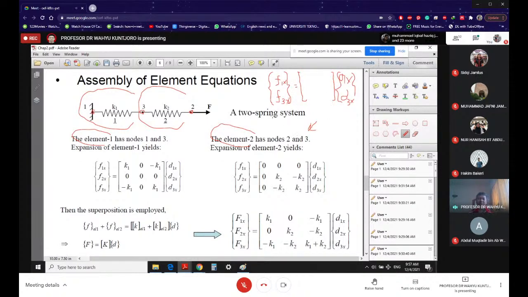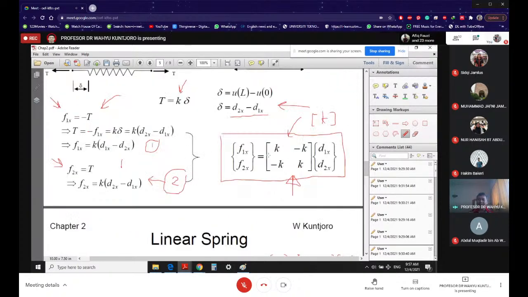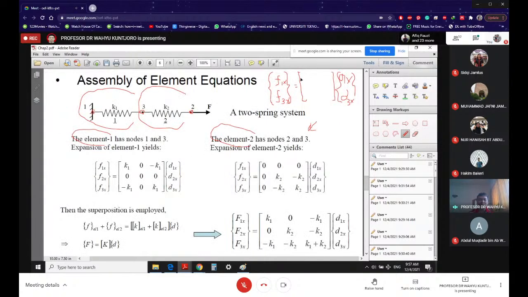If you come back to this here, K, minus K, minus K, K, that means it is going to be K1, minus K1, and over here minus K1, and also K1. Then you can do the same for element number 2.